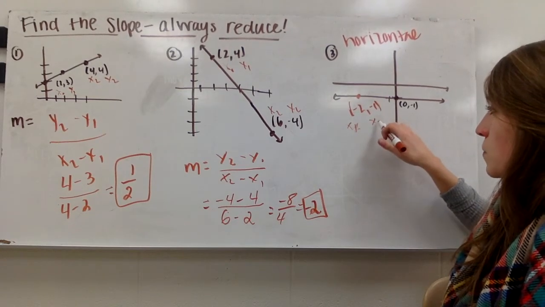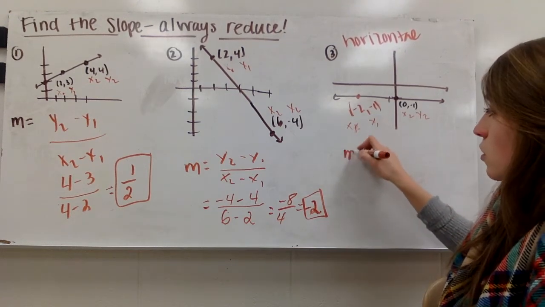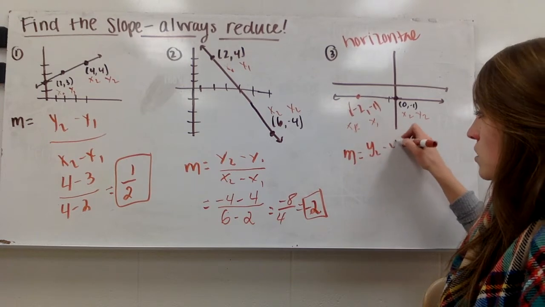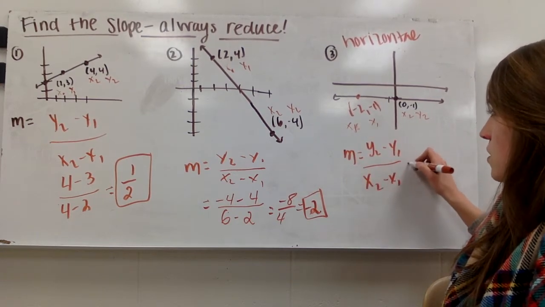y1, and this one x2, y2, our slope is always y2 minus y1 divided by x2 minus x1.